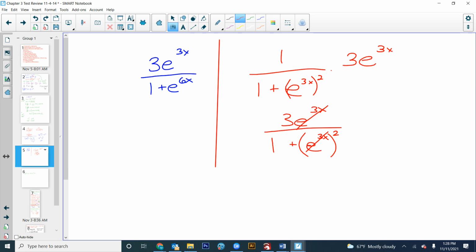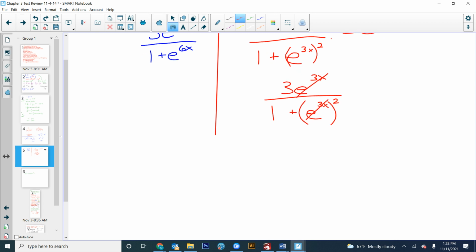Not right. Why is it not correct? You're adding on the bottom. You can only cancel if you have what? Multiplication.